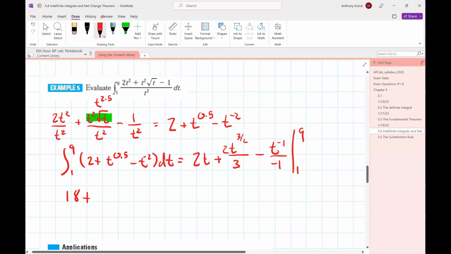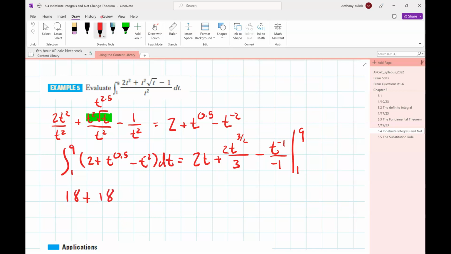We'll write 1.5 as 3 over 2. So 9 to the 1/2 is? Good. 9 to the 1/2 is 3. 3 cubed is 27. Divide by 3 is 9 times 2 then is 18.